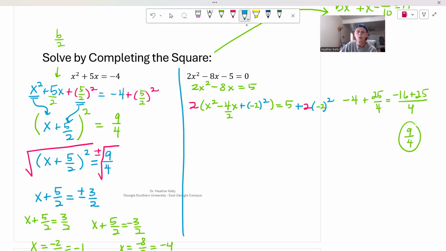I'm going to write our equation. We bring down this 2. We've got this stuff squared equals, and let me figure this out real quick. -2 squared is 4. 4 times 2 is 8. 8 plus 5 is 13.